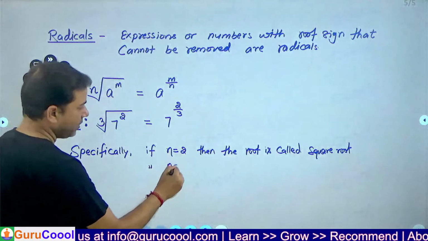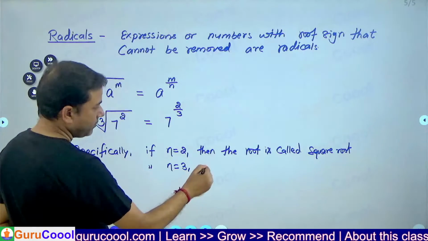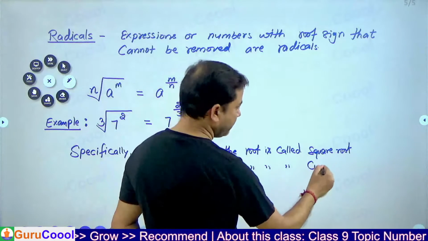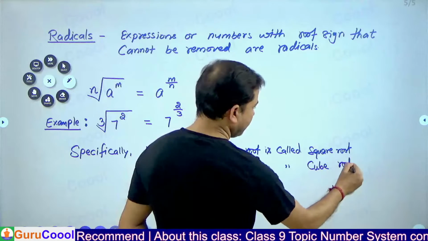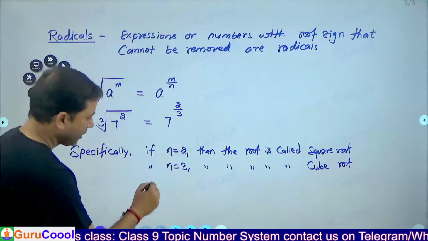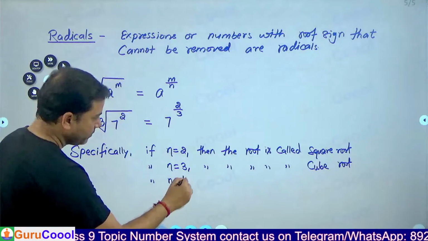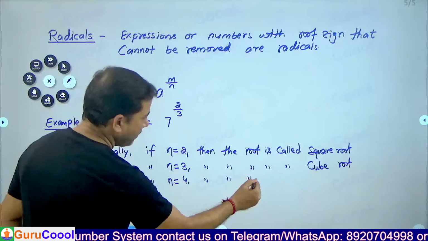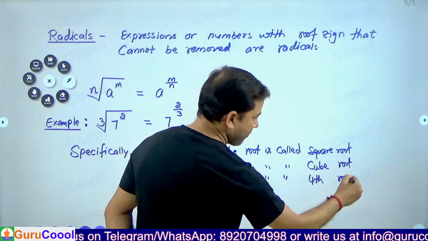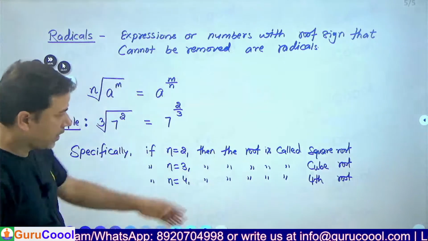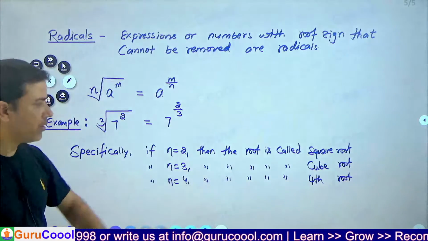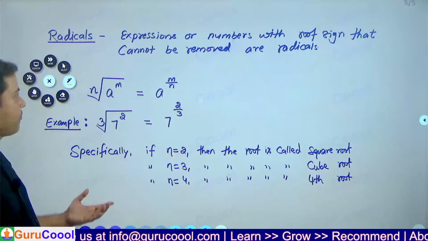If n is equal to 3, then the root is called cube root, like this example. Yes, n is 3. If n is 4, we call it fourth root. Then fifth root, sixth root, seventh root, etc. So these are the series. This is how we call them.